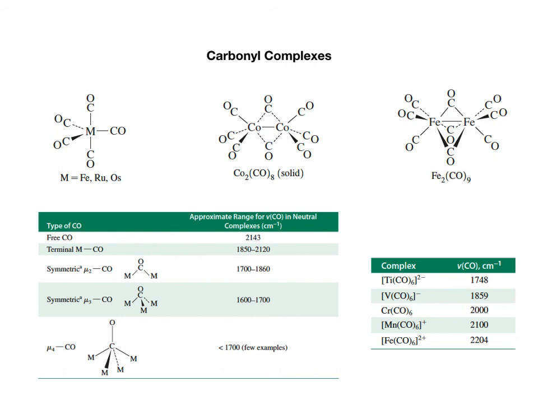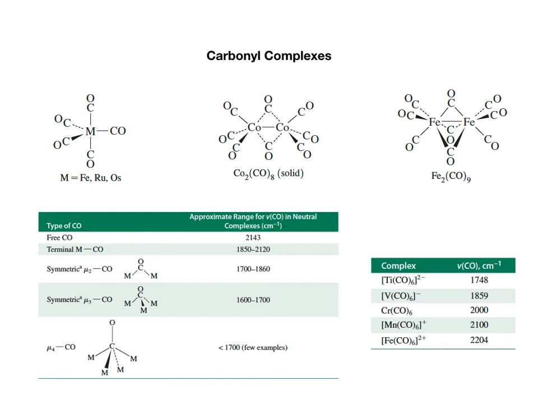In the middle is dicobalt octacarbonyl. Of those 8 carbonyls, 2 of them form bridging ligands, and the 6 others are monodentate. So there's an additional cobalt-cobalt bond in this complex.